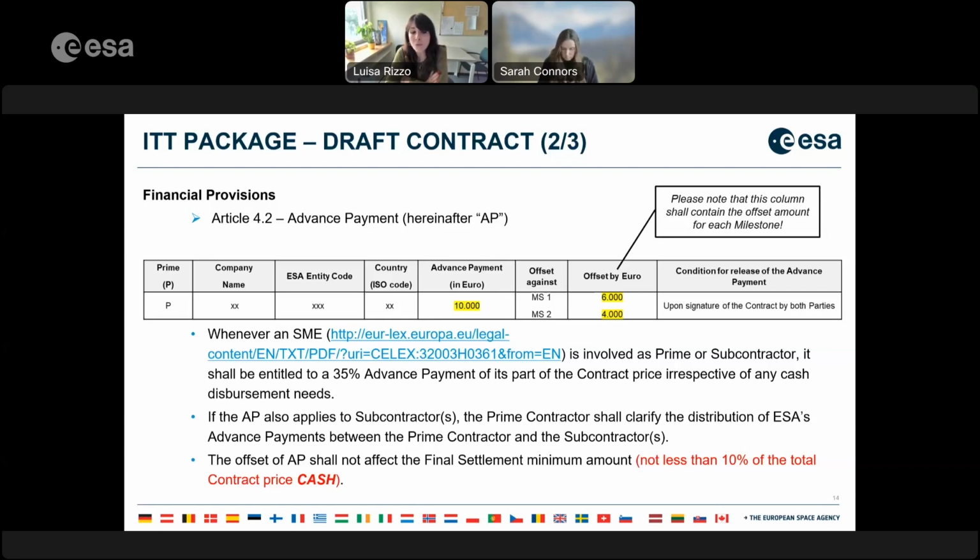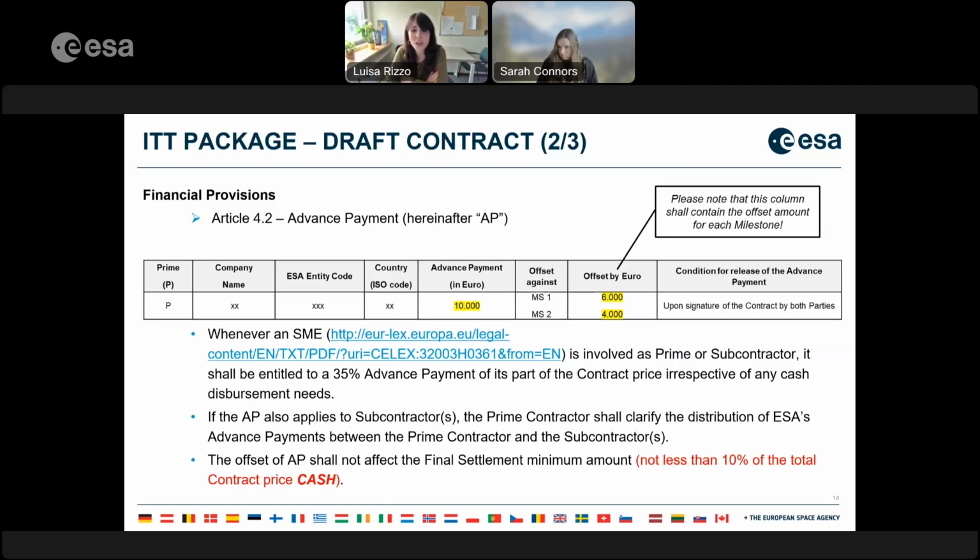Another important thing is the so-called offset of the advance payment. The advance payment, of course, is a debt of the bidder with ESA, because we are anticipating the payment of a certain milestone to give you cash and liquidity at the beginning of the activity.